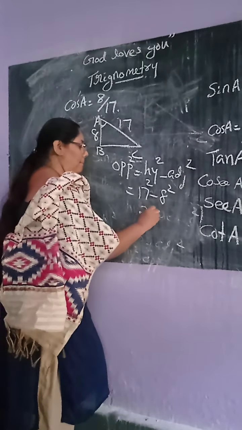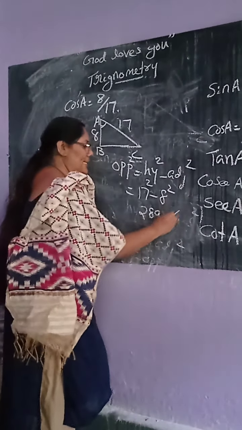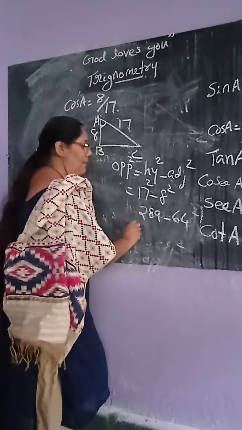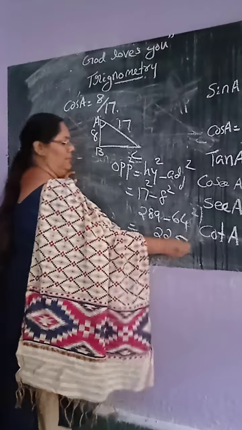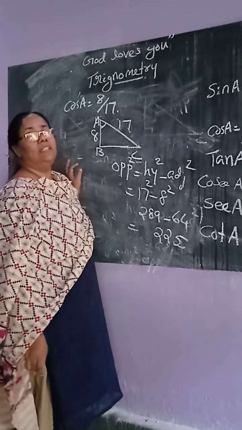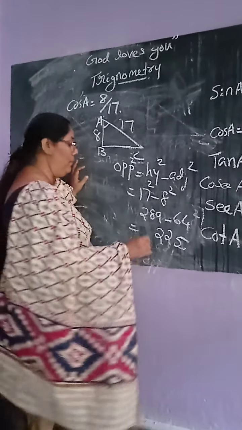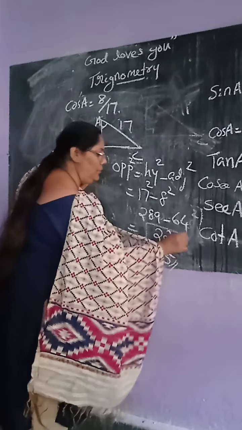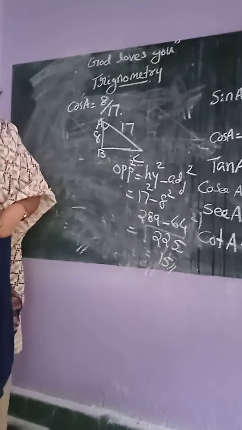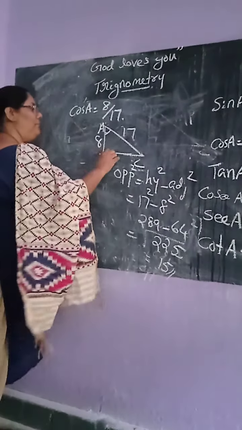Minus 8 square is 64. After subtraction, you will get 225. Then what is the square root of 225? That is equal to 15. Square root of 225 is 15. Now mark here 15.